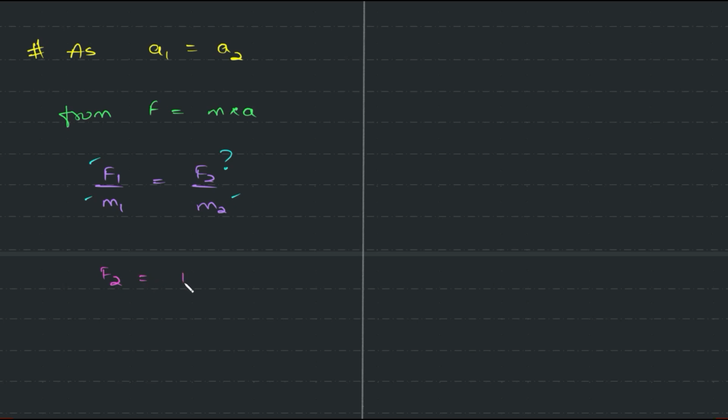As A1 is equal to A2, from force is equal to mass into acceleration, we can write F1 by M1 should be equal to F2 by M2. So here, this is known, this is known, this is known, this is the unknown. So all I have to do is F2 will be equal to F1 by M1 into M2. So as simple as that.